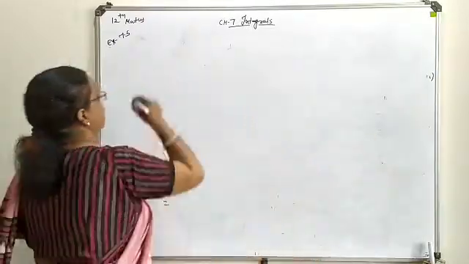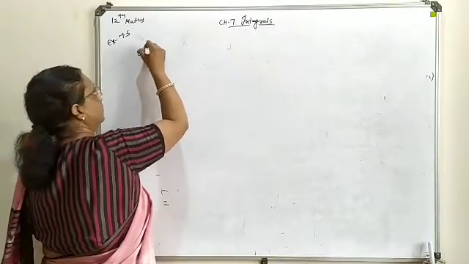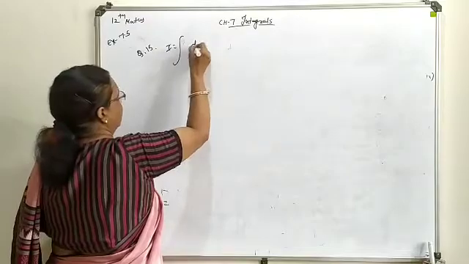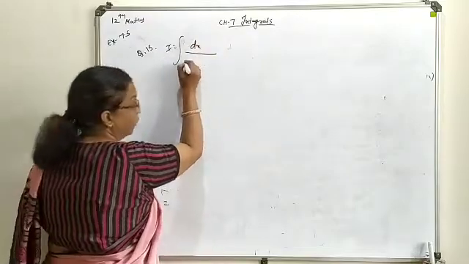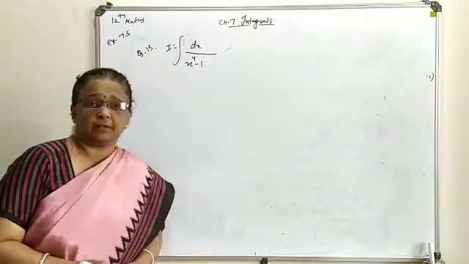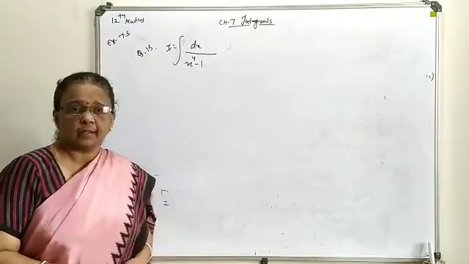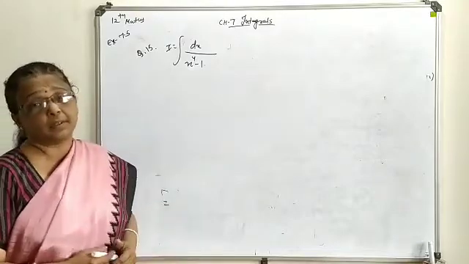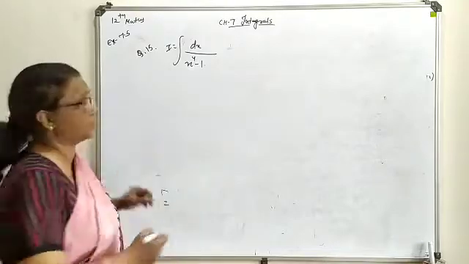Now in the 15th one, your question is 1 upon x power 4 minus 1. Up to now we have not attended any question of this category. So first of all, factorize it as x square plus 1, x square minus 1.